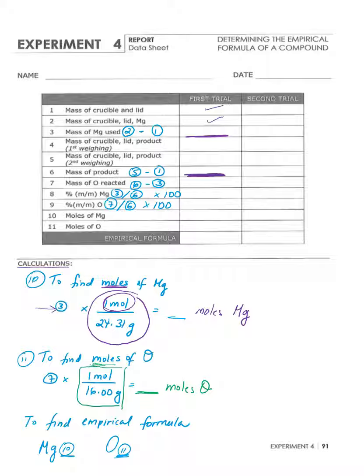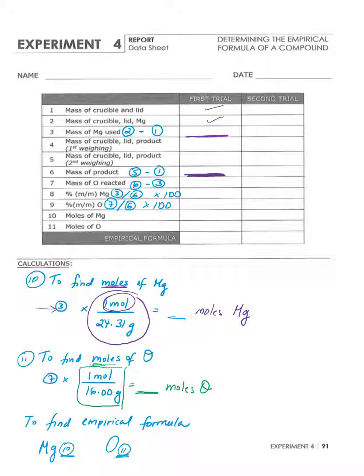So you have magnesium, moles of magnesium, oxygen, moles of oxygen. Now you're going to divide both numbers of moles, both of them, by the smallest amount. So let's say that this is 0.1 for magnesium, 0.2 for oxygen. So you have to divide both of them by 0.1, which is the smallest out of the two.